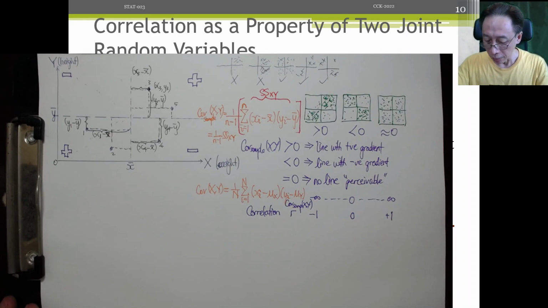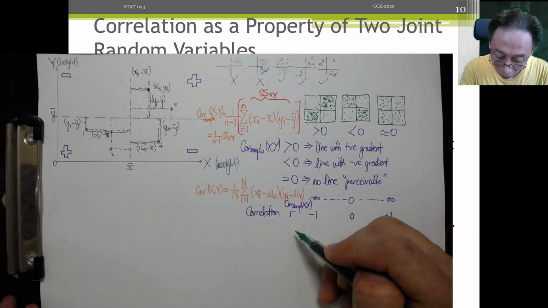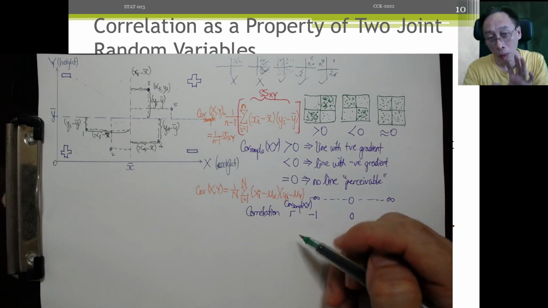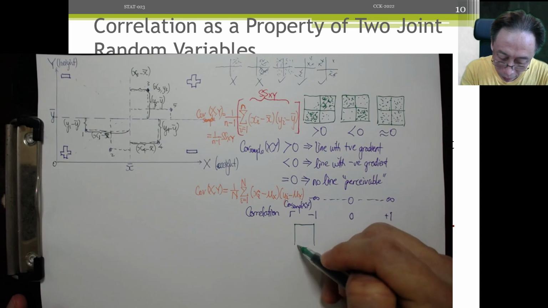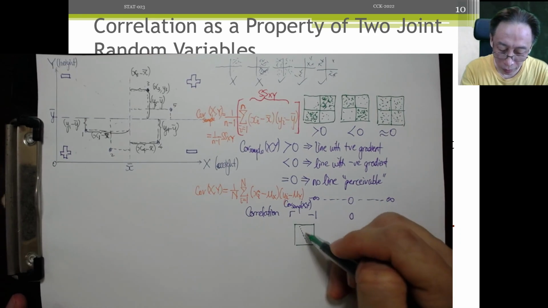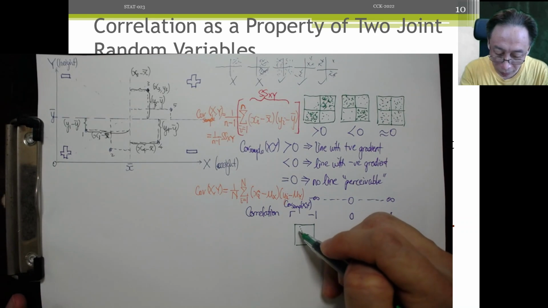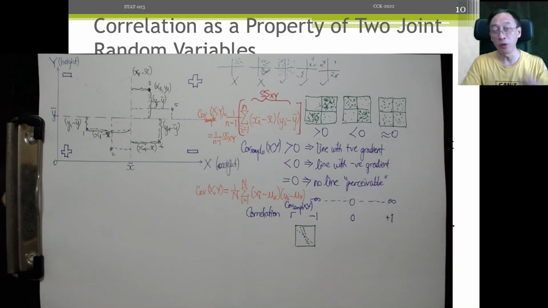Now when R is -1, the data points will almost always appear as something like this. So the gradient is negative, or something like this. So it's perfectly on the line.